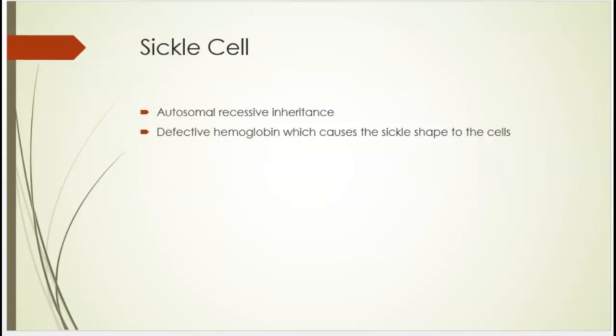Sickle cell is also autosomal recessive. That's a defective hemoglobin, which doesn't create the right shape. So our red blood cells look like a Werther's candy.